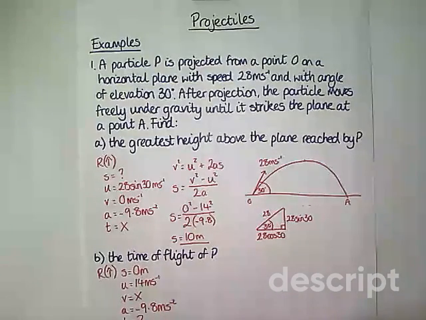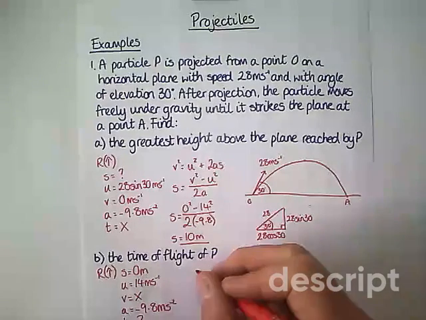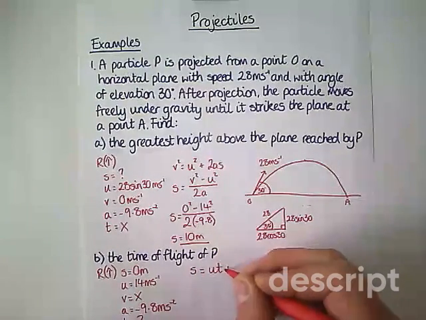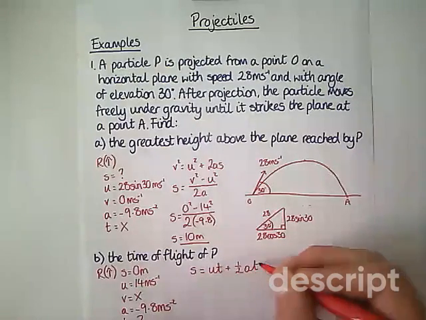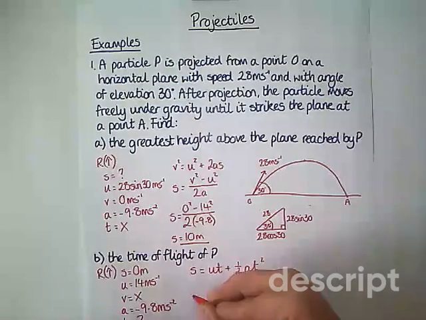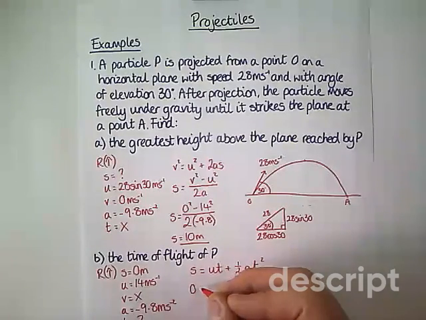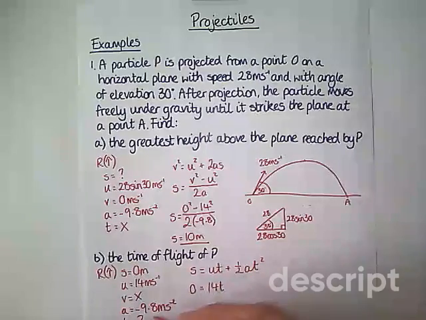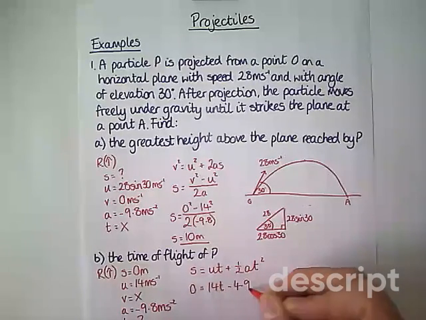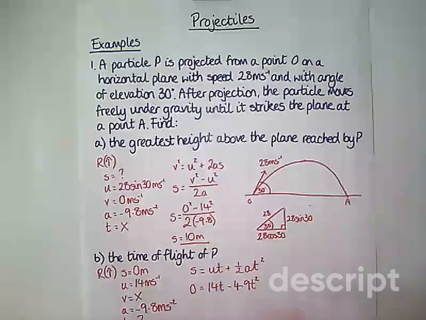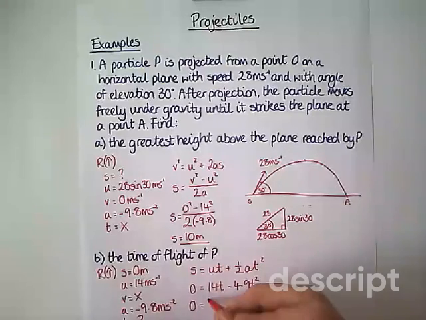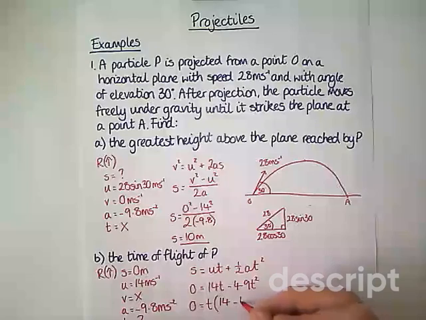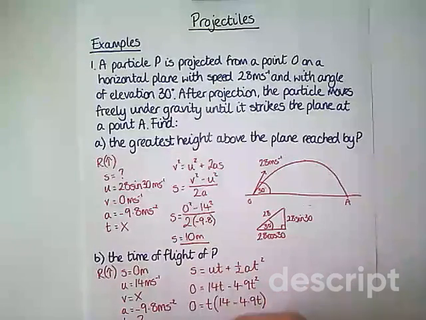So a Suvat equation that doesn't have v in it, sorry, is s equals ut plus a half at squared, and sub in all our values, so we get 0 equals 14t. A half of minus 9.8 is minus 4.9 t squared. So we've got a little quadratic we can solve by factorising, by taking the t outside, so we get 14 minus 4.9t, so therefore t equals 0.